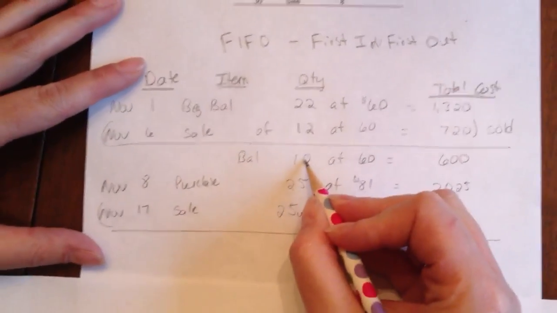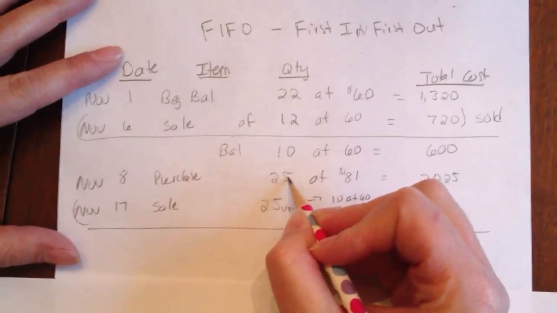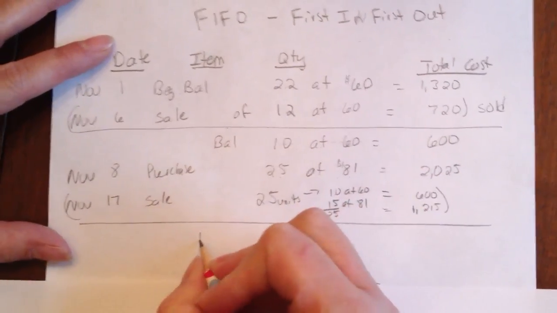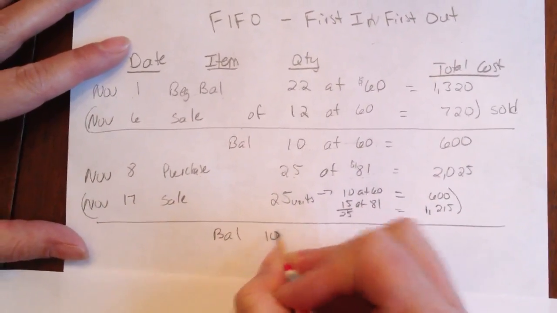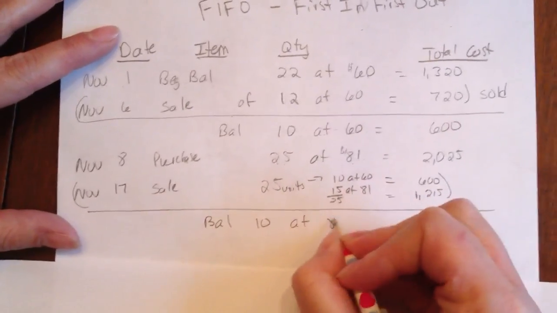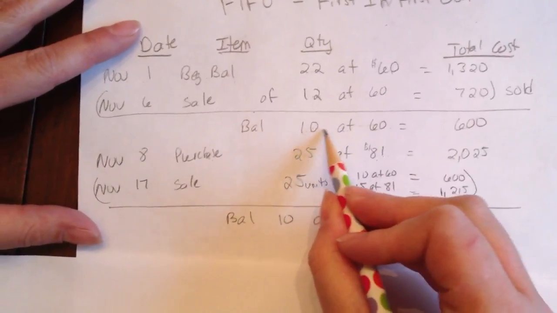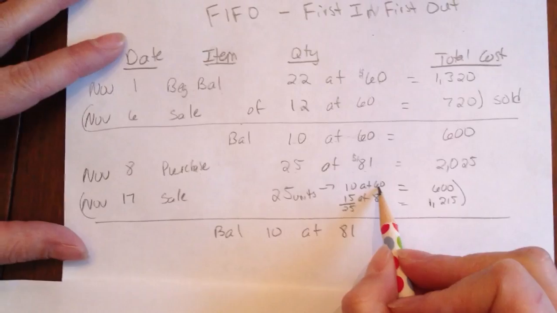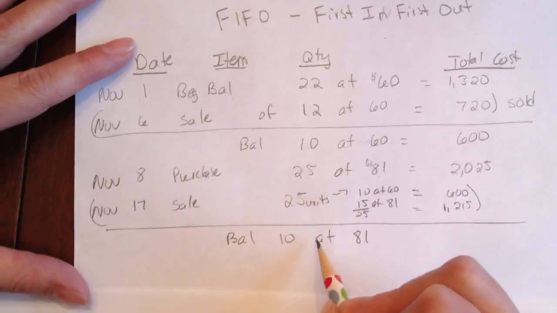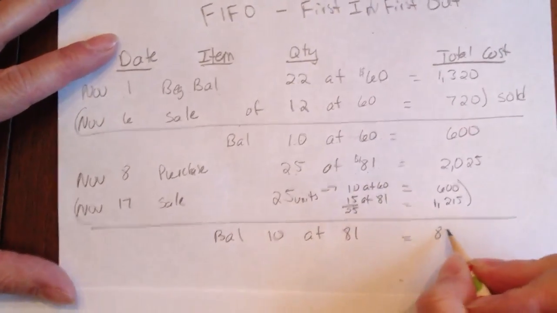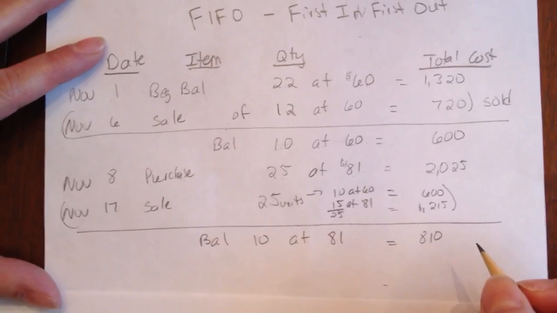So we had 10 units, we purchased 25, we sold 25, so we're left with a balance of 10 at 81 because we sold all of our 10 at 60 right here on the 17th. 10 at 81 gives us a balance of $810.